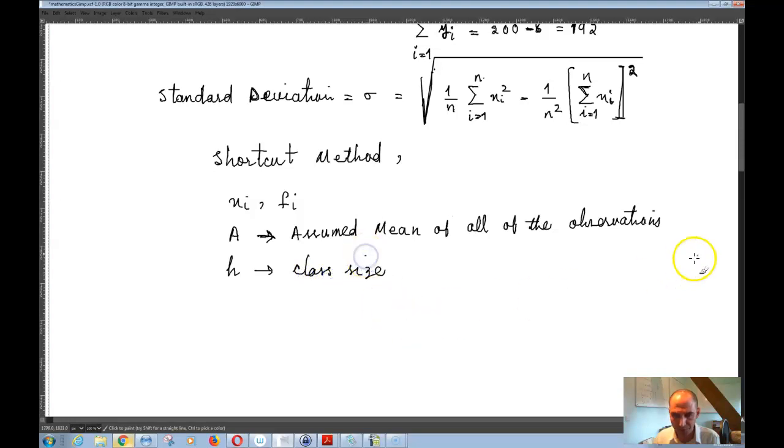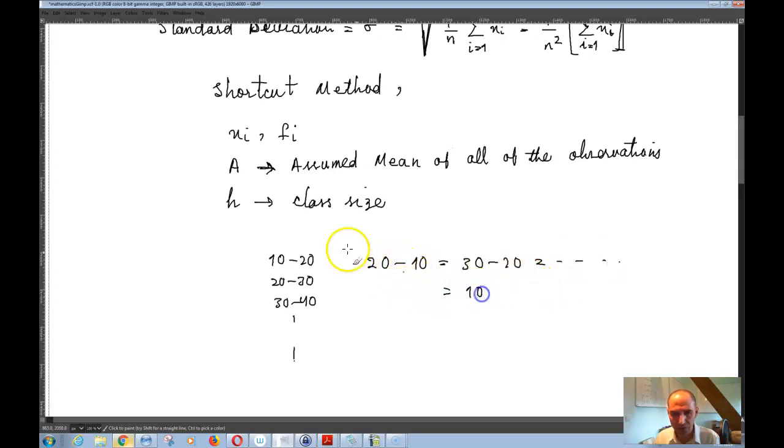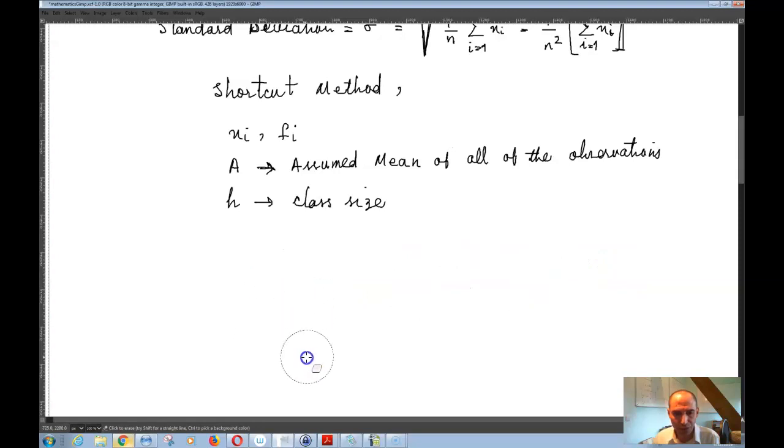Meaning that, for example, if your classes went from 10 to 20, 20 to 30, 30 to 40, and so on, then 20 minus 10 is equal to 30 minus 20, and so on, and that is all equal to 10. So that is your class size. So then we had this class size over here as well.